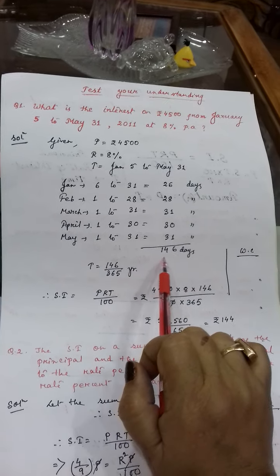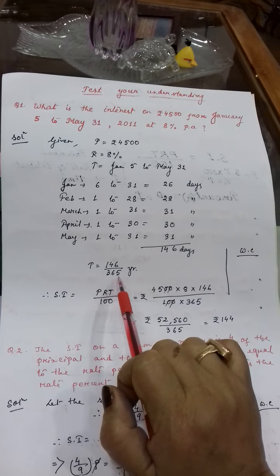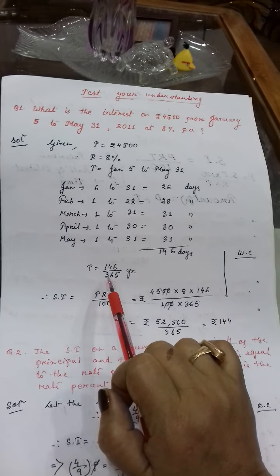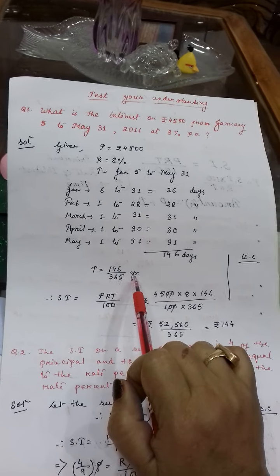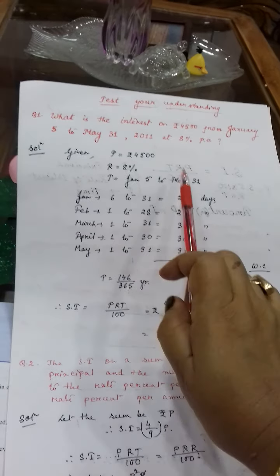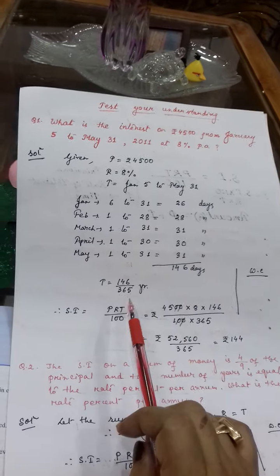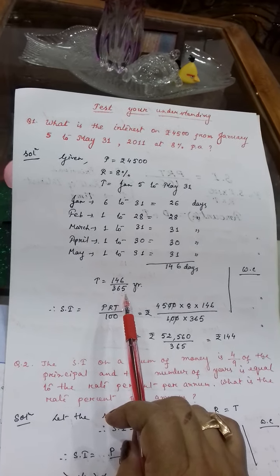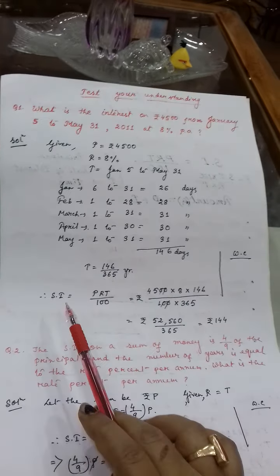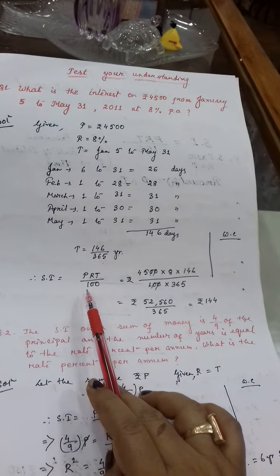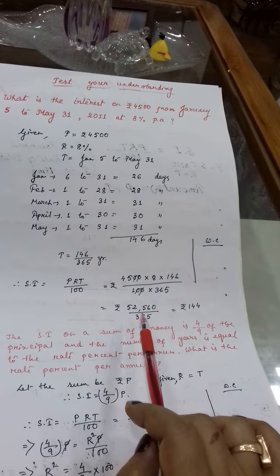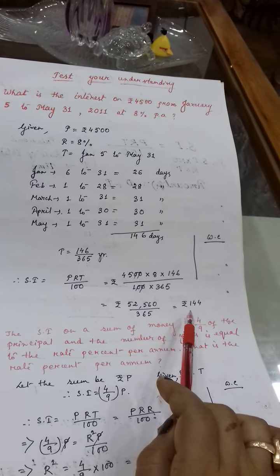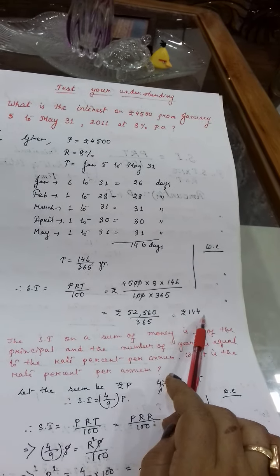Now as it is days, you have to convert into years, that means divide by 365 years. Clear or not? And if months are there, then you have to divide by 12. Now find the simple interest, PRT by 100, put the values, solve it, it will come to rupees 144.